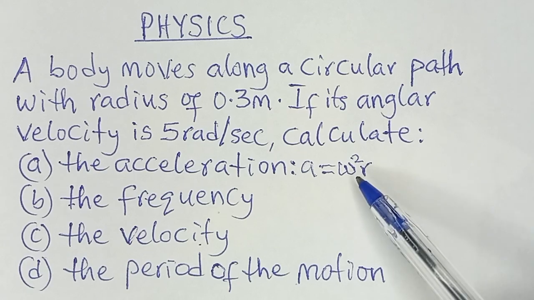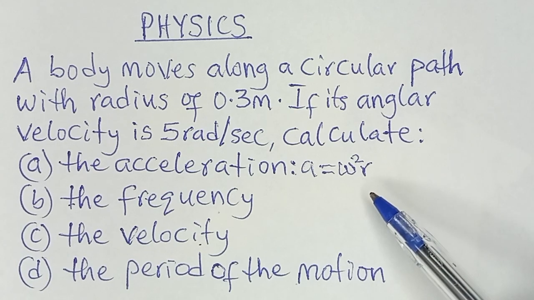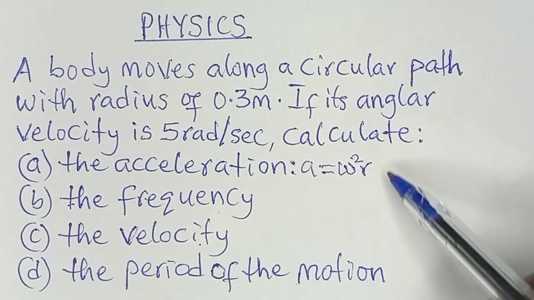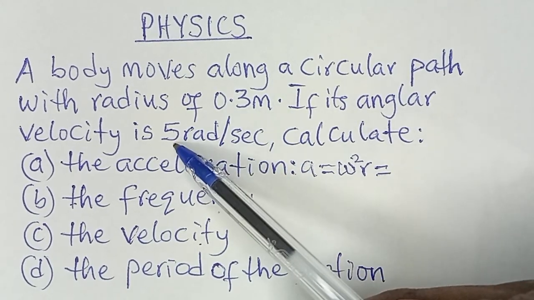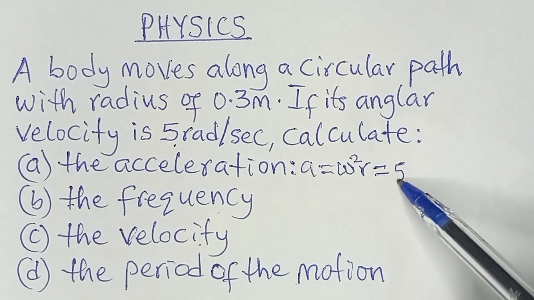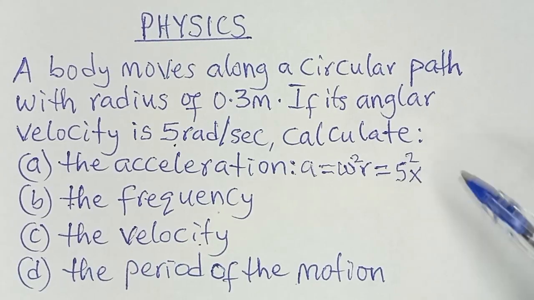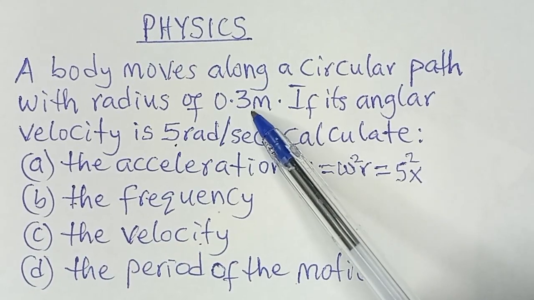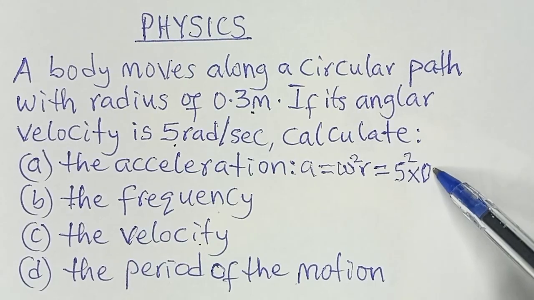That will be equal to the angular velocity, 5 radians per second, squared, and then multiplied by the radius of the circular path, which is 0.3.